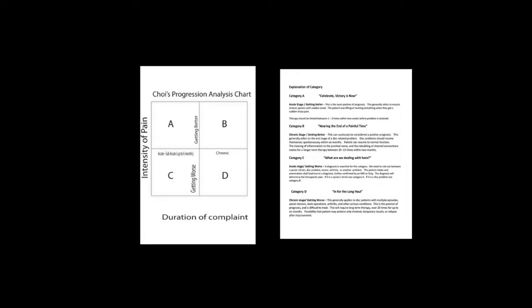On the left side, the complaint is acute or subacute, which is pain that is up to 6 months old. To the right of that is the chronic condition where the pain has been there over 6 months. Then on the vertical line is intensity of pain. Is the pain getting worse, down on the bottom there? And then is the pain getting better?